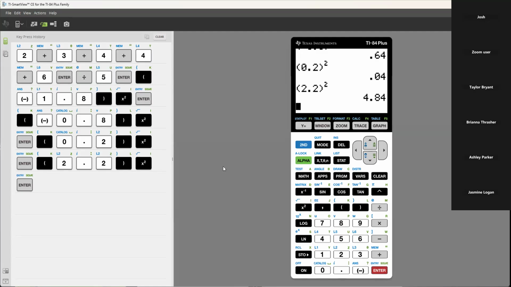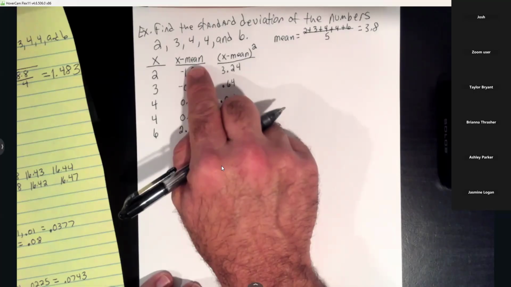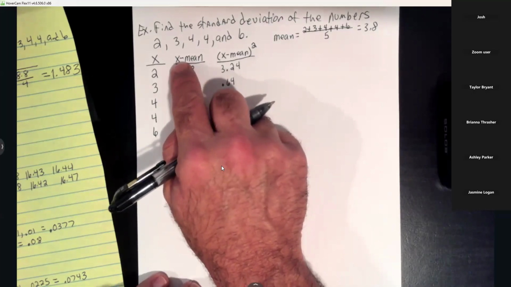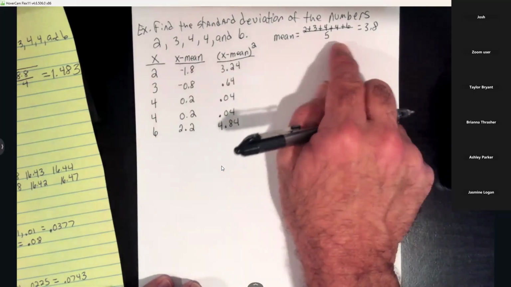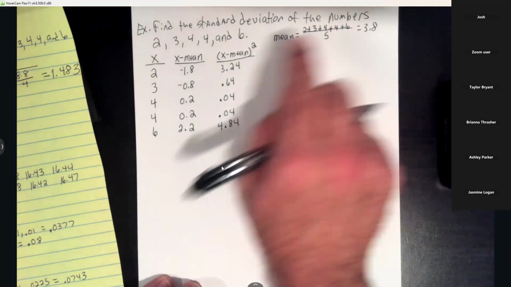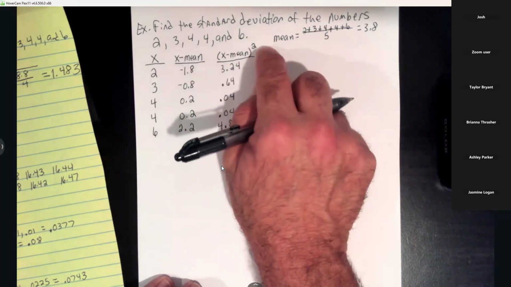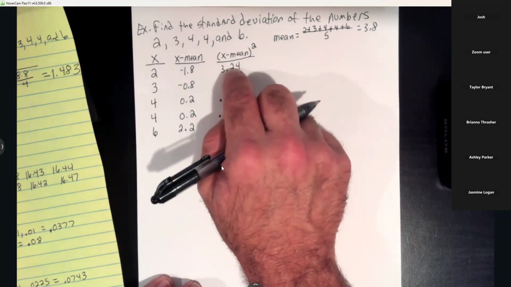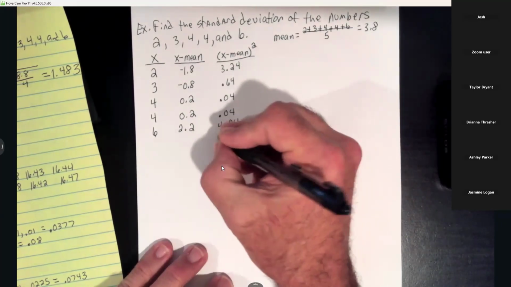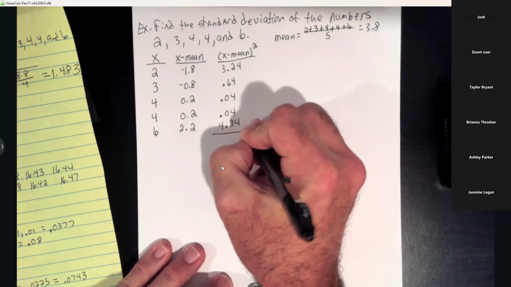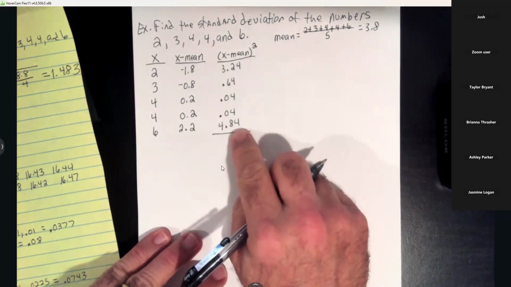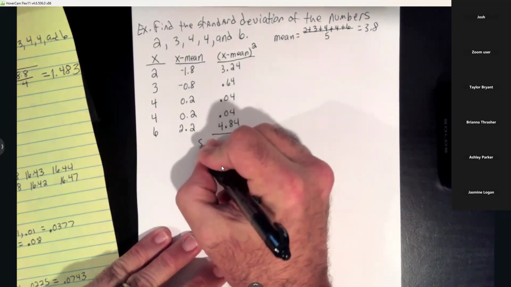All right, y'all, so I have my x's. I found my deviations by taking each x and subtracting my mean of 3.8. Then I took each of these deviations and squared them to get these numbers. Now, since all these numbers are in a column, we're going to add them together.